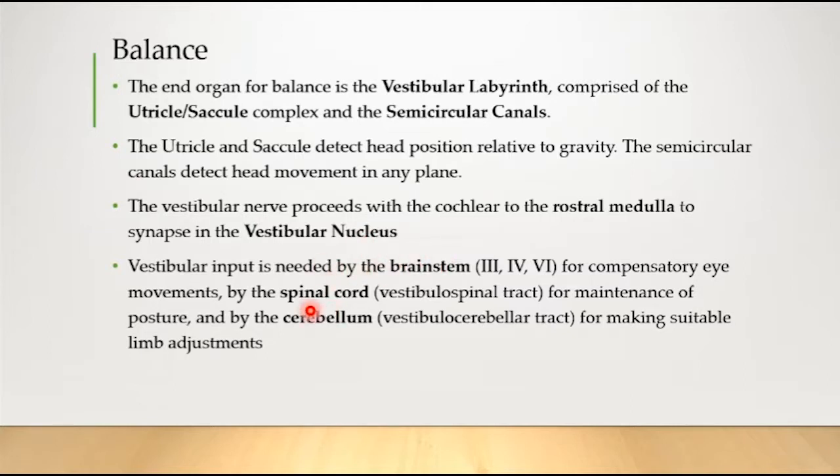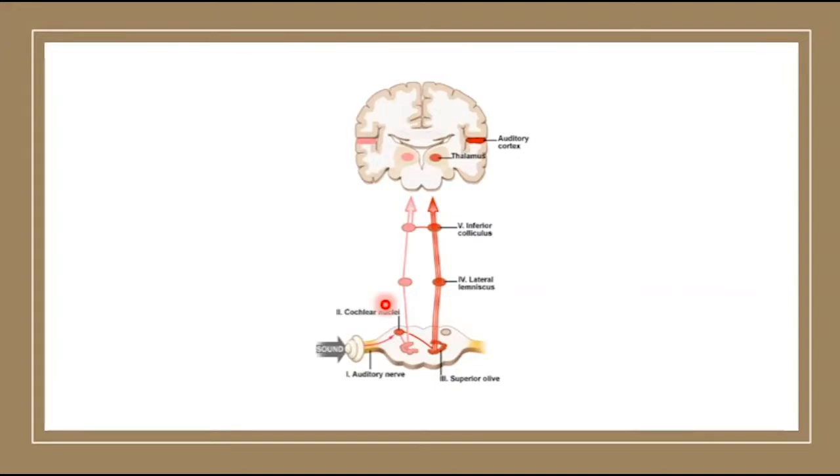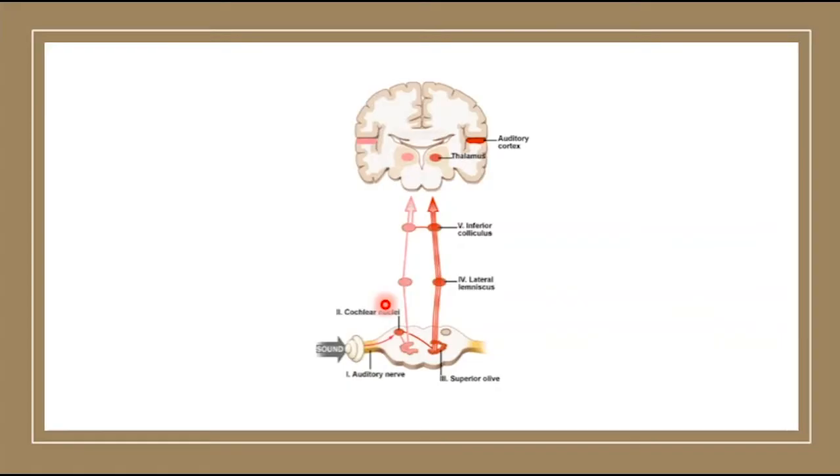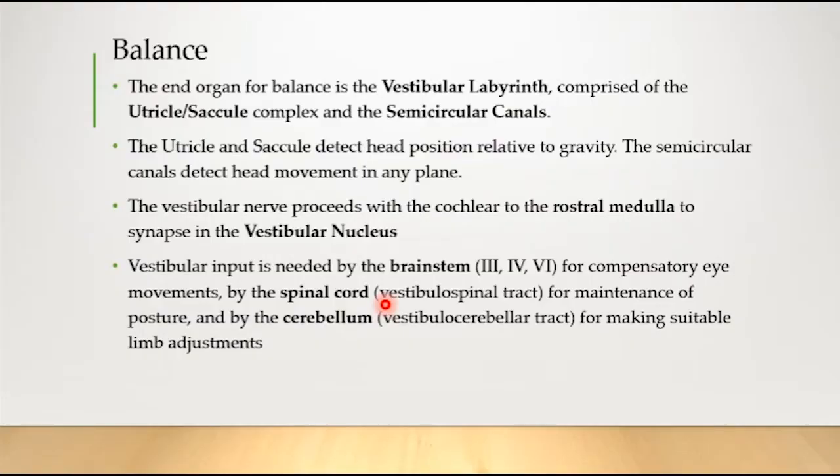Vestibular input is also supplied by other systems, like compensatory eye movements, the spinal cord for maintaining posture, and the cerebellum so that you make suitable limb adjustments. So balance is an interplay between the vestibular nerve and other contributions. And of note, a cerebellopontine angle lesion can disrupt activity of the vestibular or cochlear nerve.